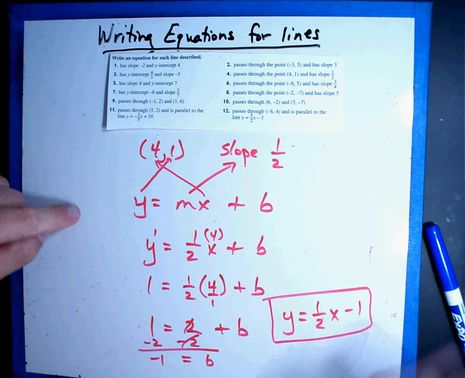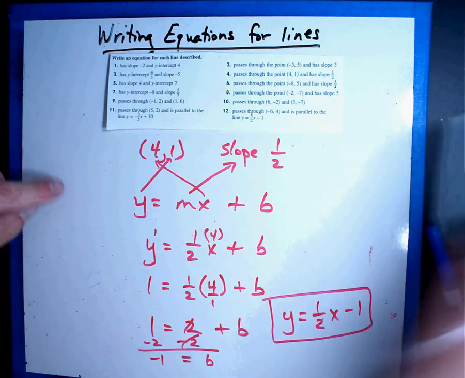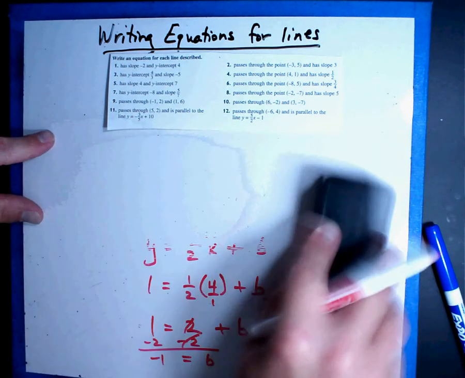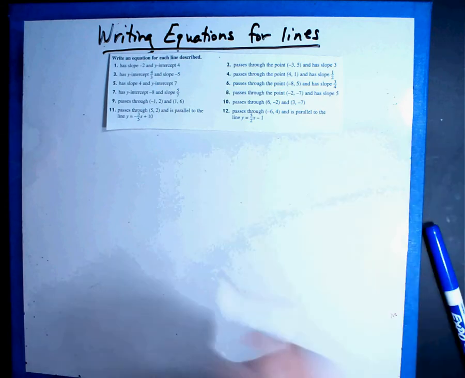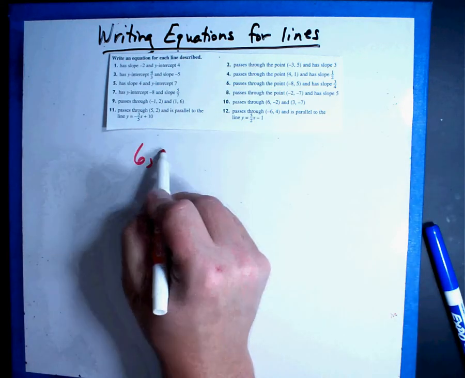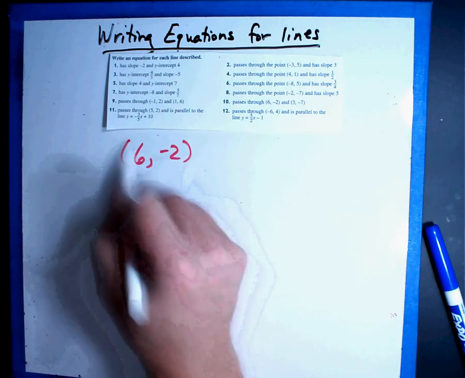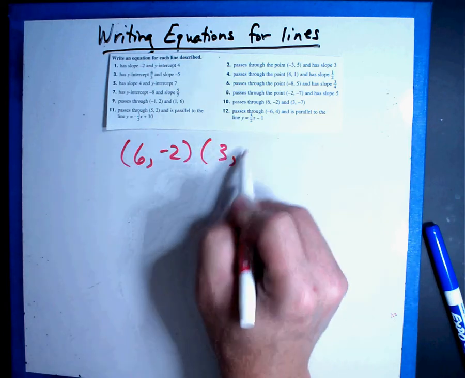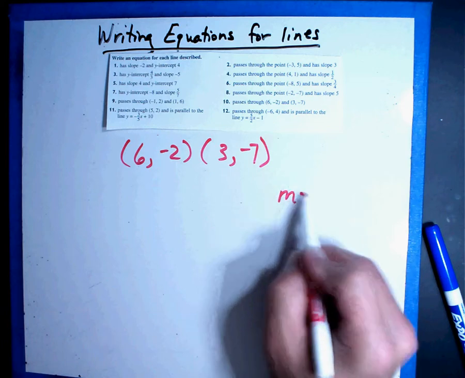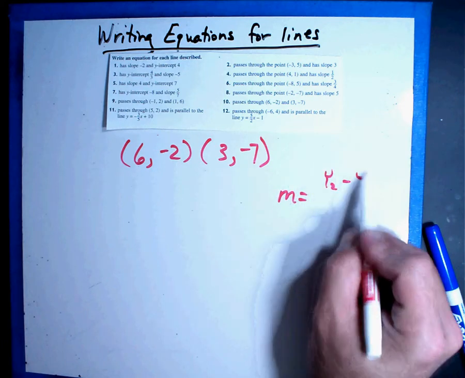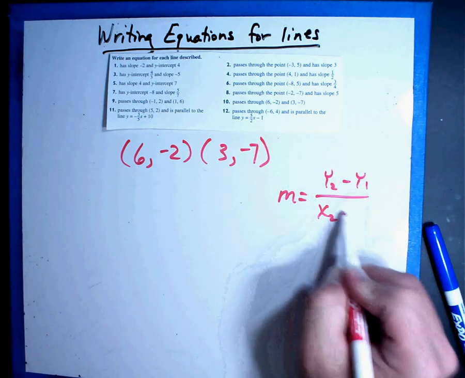Now I'm going to walk through number 10 real quick. You may not have done this one yet, and that's fine. But I want to make sure we know how to do one of these before I end the video. So let's do this one maybe together. You may have to pause the video as I go along to make sure you know how to get it. Now remember we said in the beginning video, slope is y2 minus y1 over x2 minus x1.